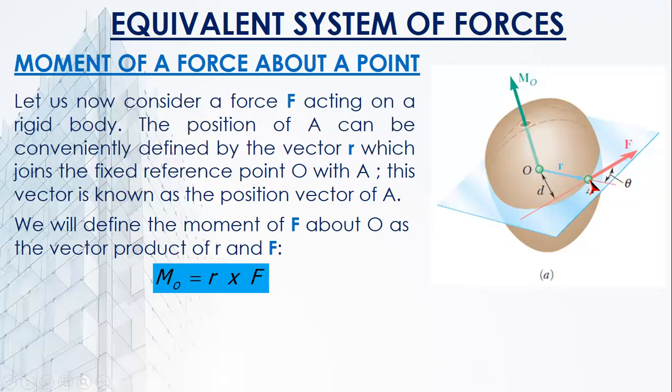The thumb then points to the direction of the moment, which is the direction of the vector product M. It is like P cross Q equals V. This is the vector product, and its direction is upward.